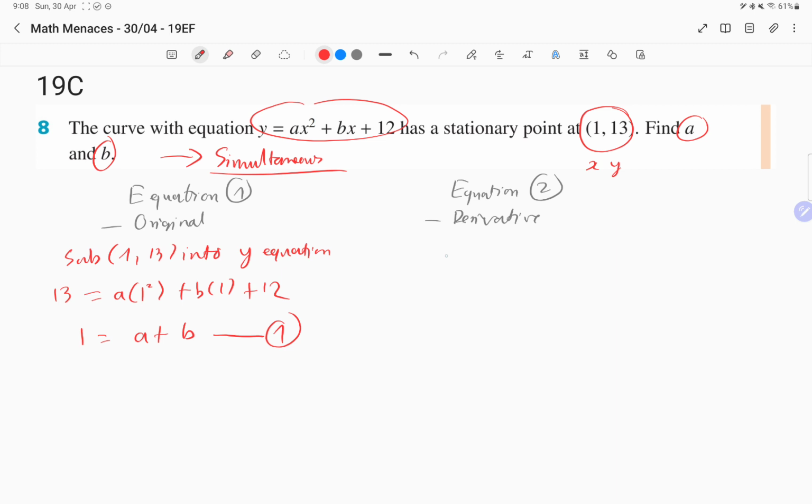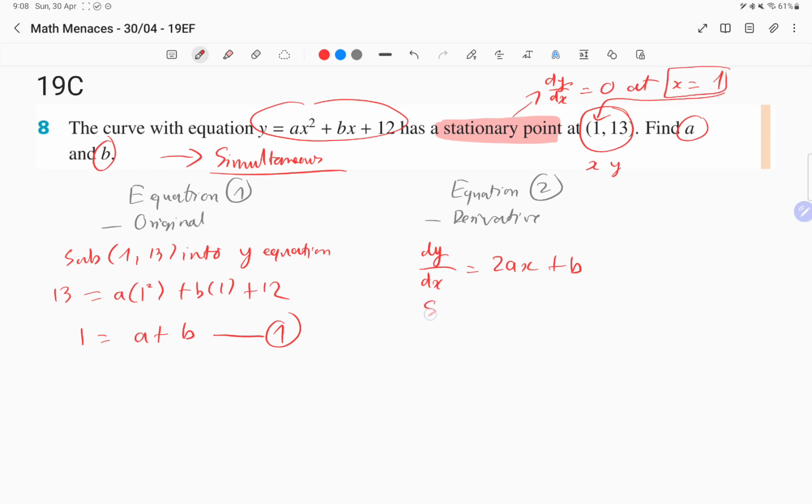And then equation 2 is normally the derivative, so you need to derive it. So let's find dy over dx. It'll just be 2ax plus b. Now, because we learned something new, we learned about stationary points. When you see stationary point, this means that the derivative dy over dx equals 0 at x equals the value of the point, which is 1.